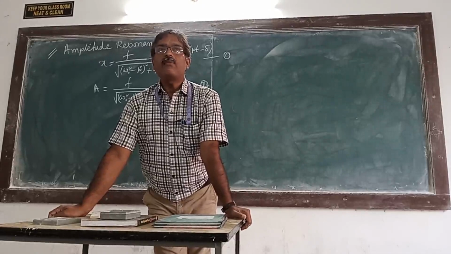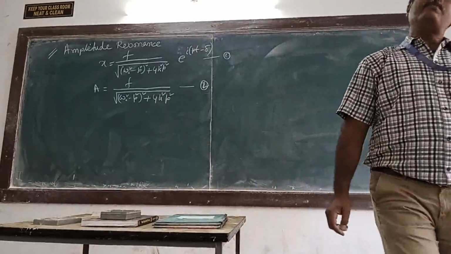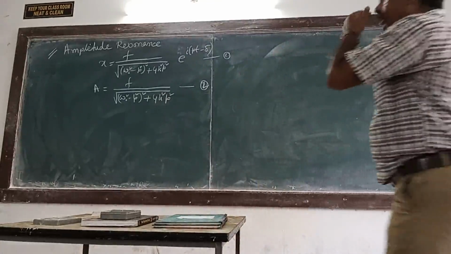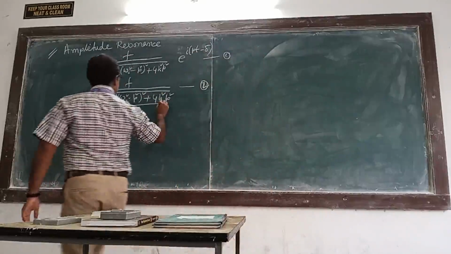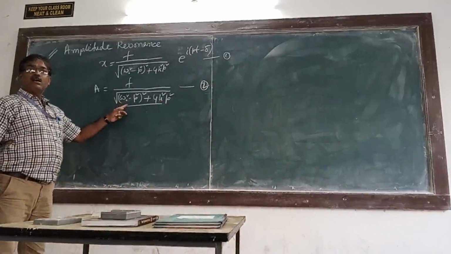This is the first condition. If the second order differentiation is negative, then it is maximum, and if it is positive, then it is minimum. So if this is minimum, the first order differentiation of this is 0.